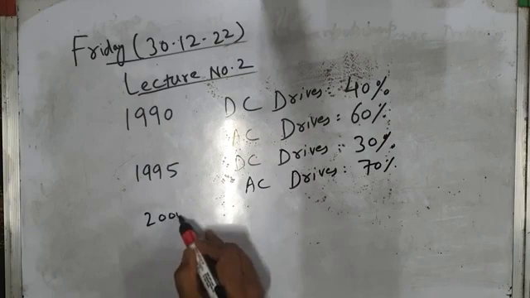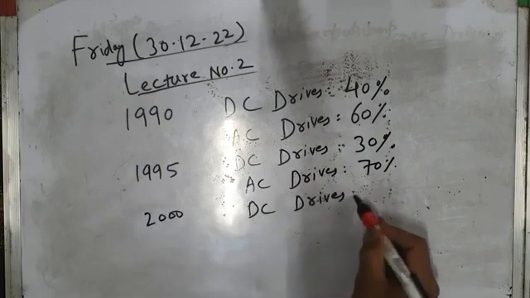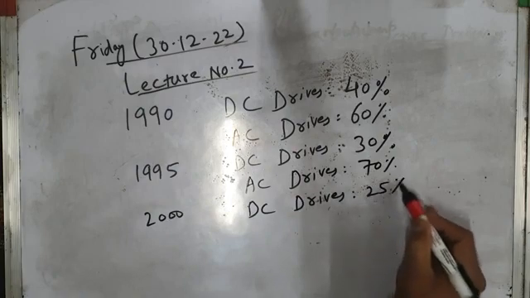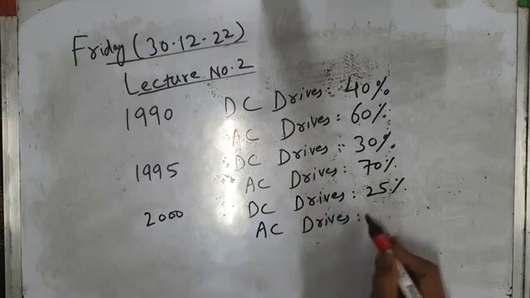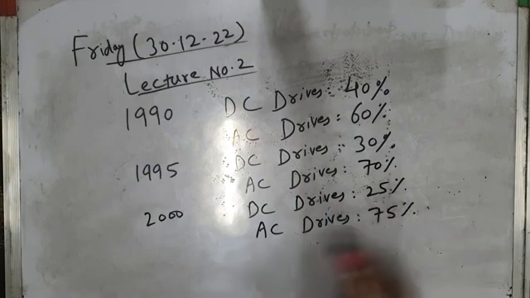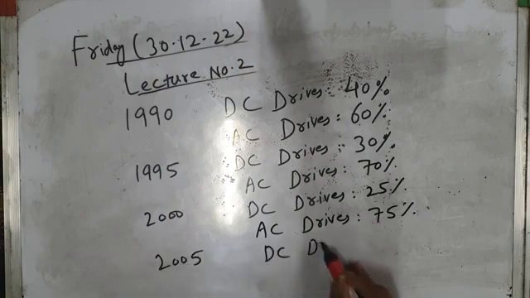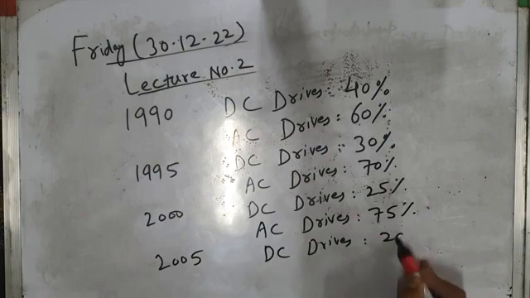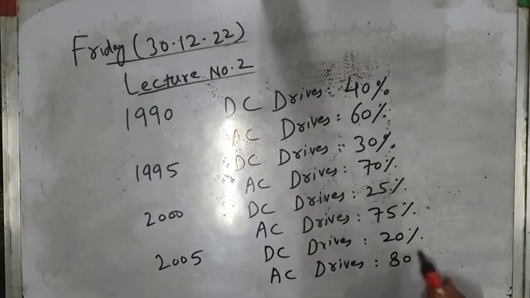Then in the year 2000, DC drives were further reduced from 30% to 25%, and AC drives increased from 70% to 75%. In the year 2005, DC drives constituted only 20% of total industrial drives, as compared to AC drives, which constituted about 80%. This is the data available with me from one of the books.